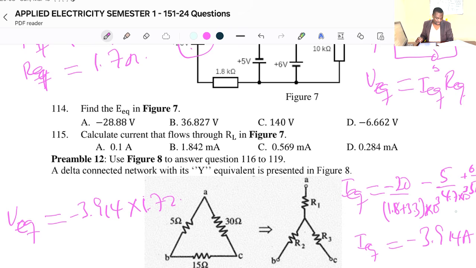Milli, right? So here will be milli. When you do this, you get this kilo, power 3. So this will also be times 10 to the power minus, okay.